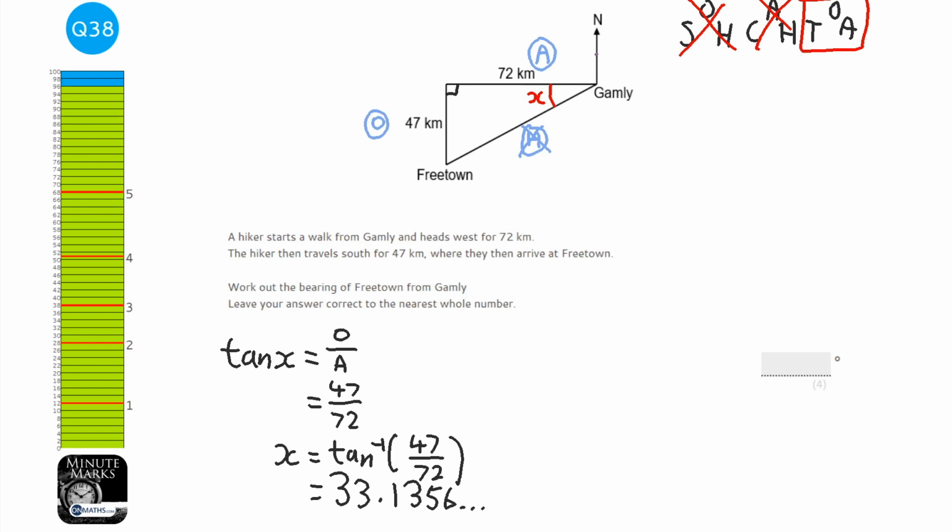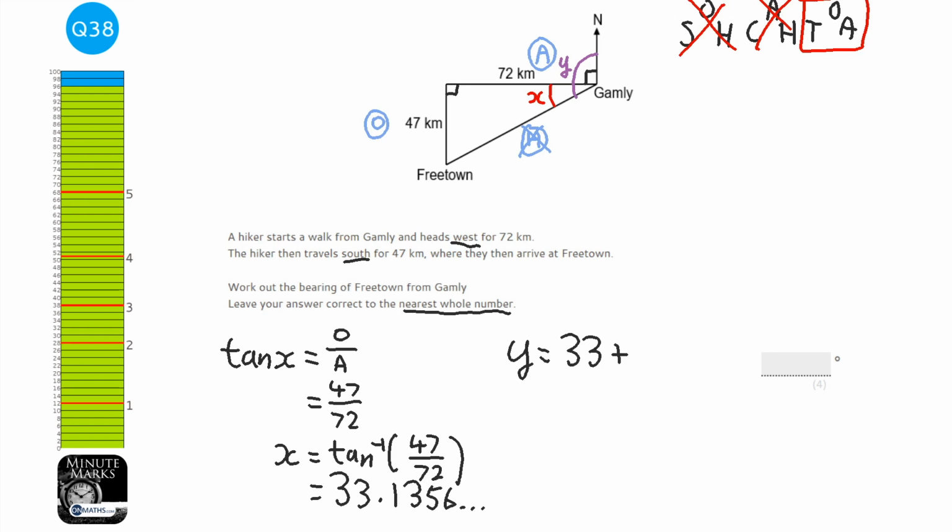What we can do is work out what this one is, and I'm going to call that y. So to work out what y is, it's going to be 33.1. Well, we're looking for nearest whole number, so let's call that 33. And then we're going to add the right angle here. Now, the reason I know this is a right angle here is because it says that he heads west and then south.